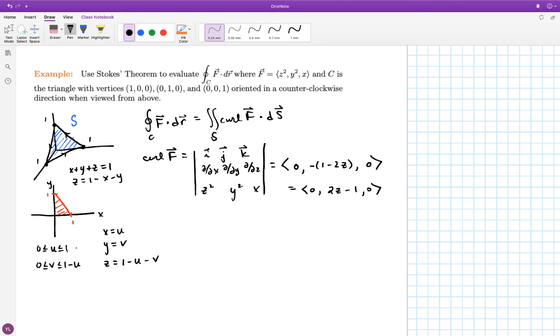So that describes this parameter space for that surface. And then I check really quickly, if I'm on the plane right here, and I look at r sub u, it'll go in this direction, and r sub v will go in this direction. So r_u cross r_v is a normal going out this way.